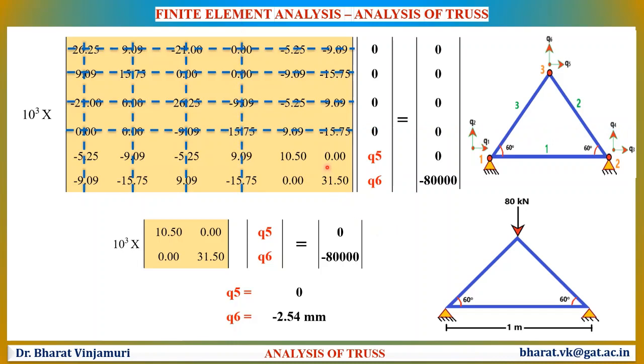Thus, you will be able to get the reduced stiffness matrix where you will be able to find the value of Q5 as well as the value of Q6. Once you have found the values of Q5 and Q6, the next stage is to determine the reactions.